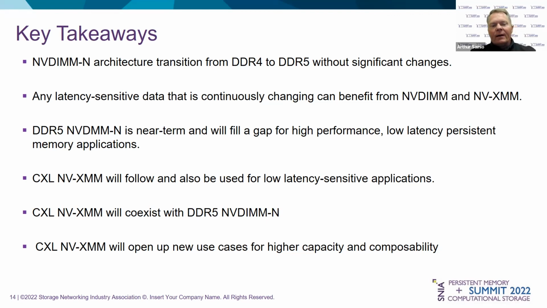And then again, on the bottom there, NV-XMM architecture will use a similar architecture, both NV-XMM and NVDIMM for latency sensitive applications. And they will coexist. So NV-XMMs and NVDIMM-N will coexist together and, in addition to just caching, open up new applications for higher density, higher capacity, and composability.